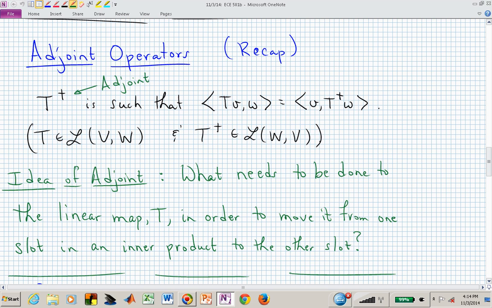What needs to be done to the linear map or to this inner product to allow that map to be pushed onto the second slot, so that you're now performing this linear map on the second slot vector and taking the inner product with the original vector in the first slot?